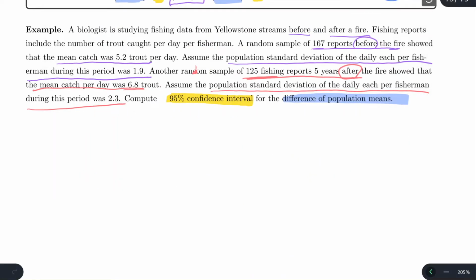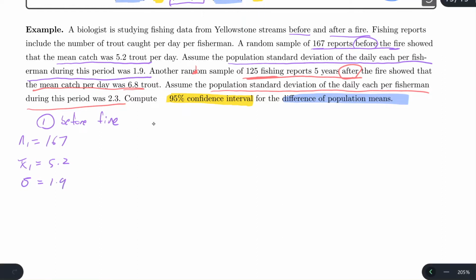For these kinds of problems, it's important to organize the data very well. So we have group one, the sample size n1, this is before the fire, n1 is 167. The sample mean was 5.2, and the population standard deviation was 1.9.